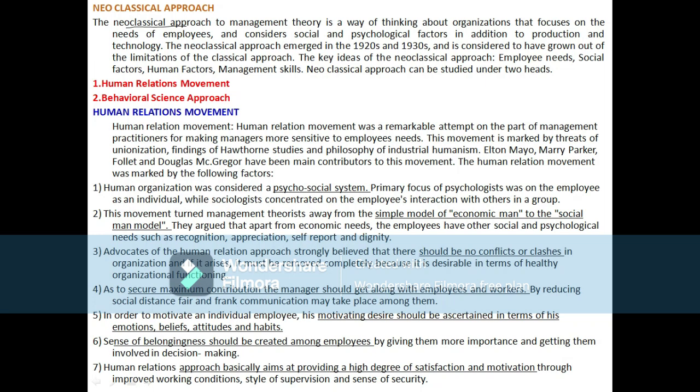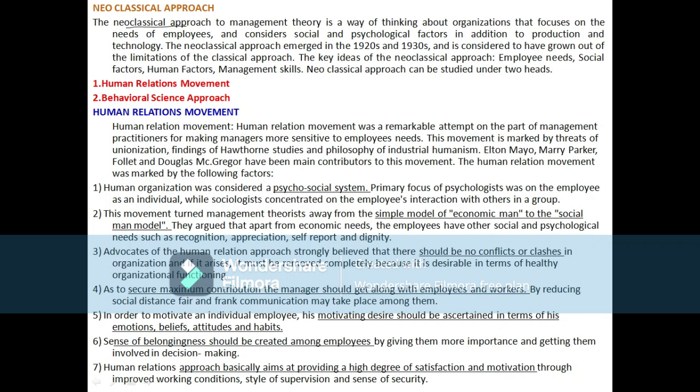Under the neoclassical approach, the inventors or practitioners of the theories invented this approach, which is basically a basis for human factors. It considers more on people and focuses more on human elements.